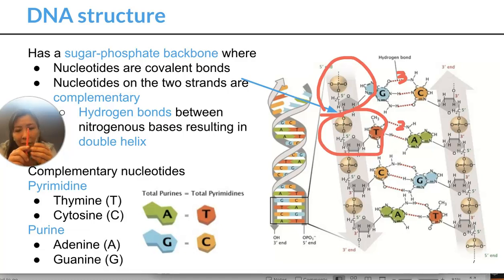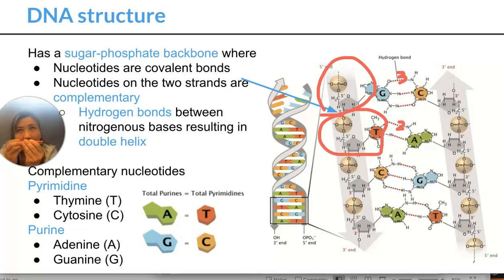It's just that this is in this direction and this is in this direction. But the information between them is going to be complementary to one another. So wherever you have a C, you'll have a G on the other strand. They're double-stranded, again, because the nucleotide information is vital, so you want to make it double-stranded to make this more stable.